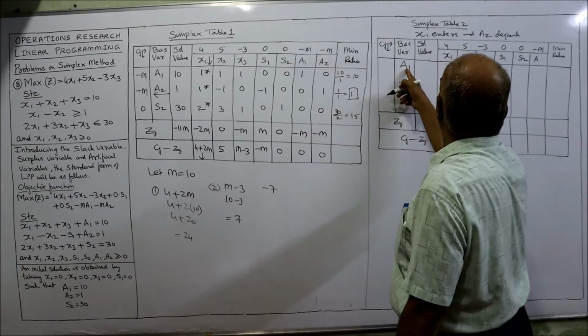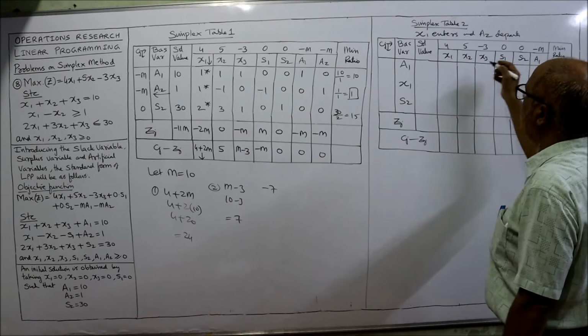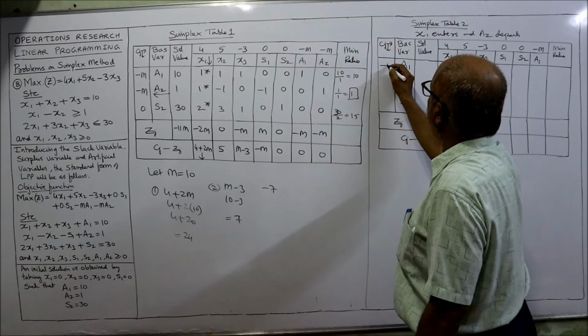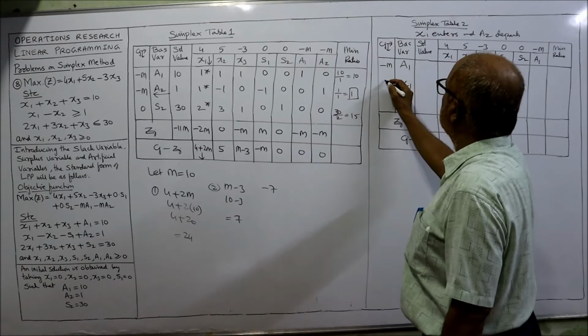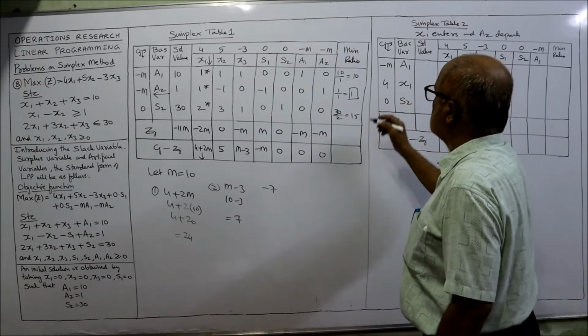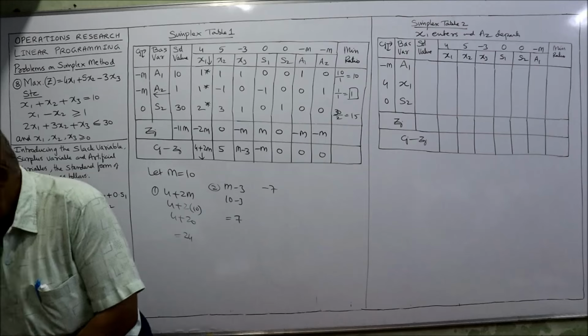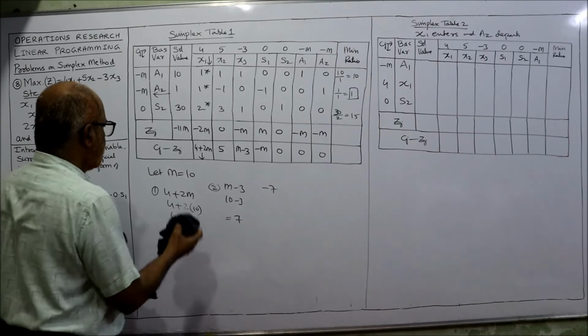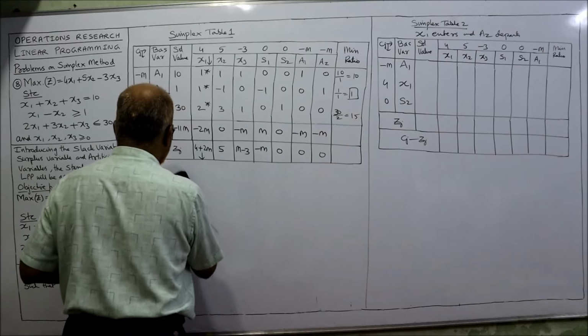The coefficient of a1 is minus m, the coefficient of x1 is 4, and s2 is 0. That's all. We have prepared simplex table 2.